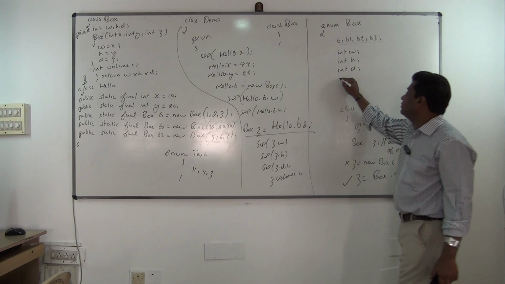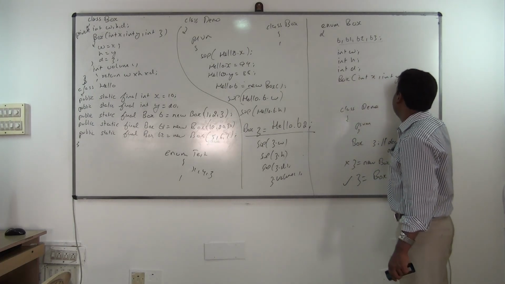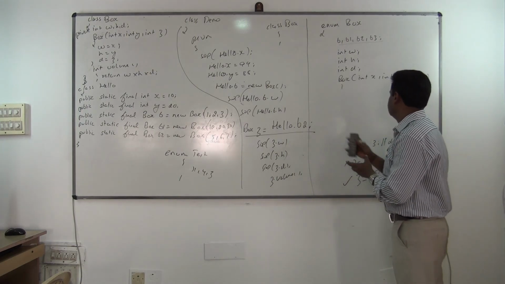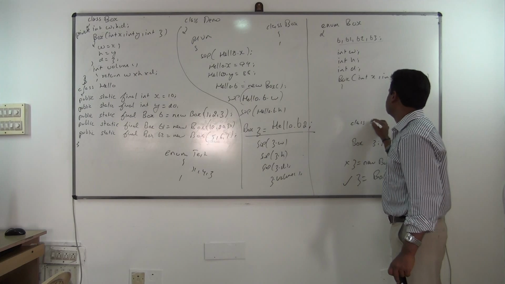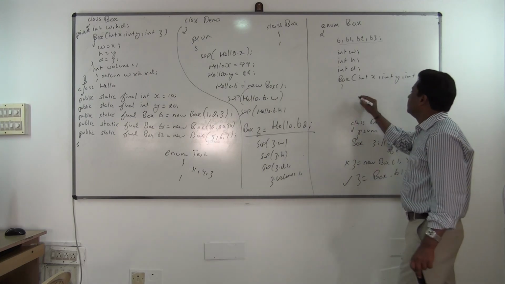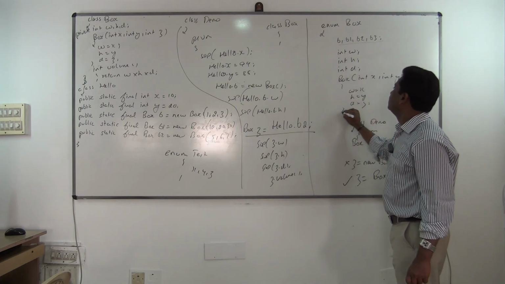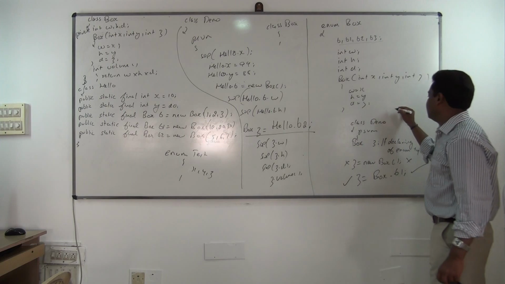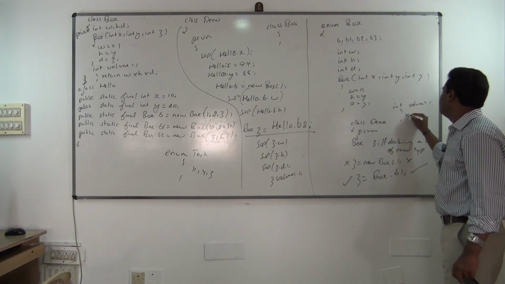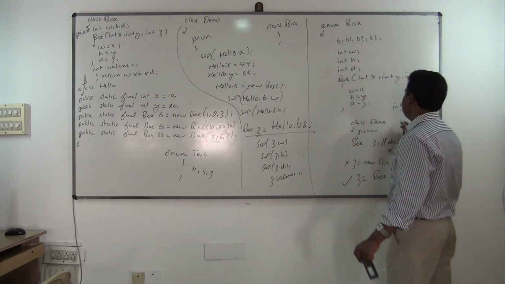Now if you want, you can have a constructor also, with int x, int y, int z. W is equal to x, h is equal to y, d is equal to z. And if you want, you can write your volume method. I don't have space, I'll just write it here. int volume, return w into h into d. So this is your complete class now.